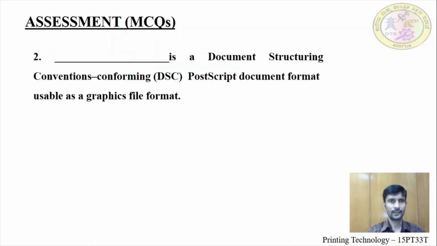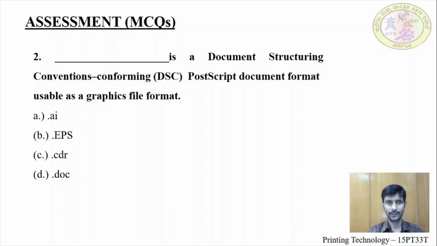Next, the dash is a document structure conforming to a PostScript document format, usable as a graphic file format. The options are .ai, .eps, .cdr, and .doc. The .ai is the native file format.